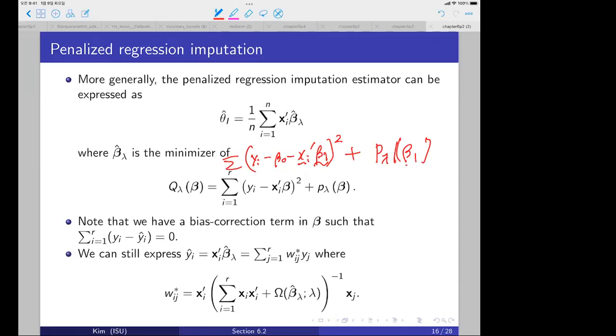So this is essentially a diagonal matrix of the partial derivatives of beta 0, beta 1, up to beta p, of p lambda, right? So this matrix should be a diagonal matrix.